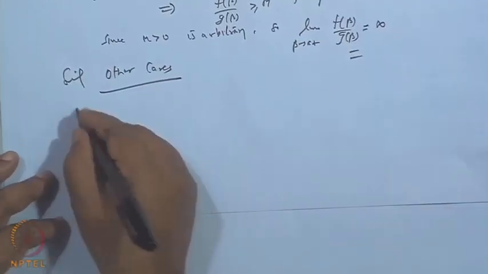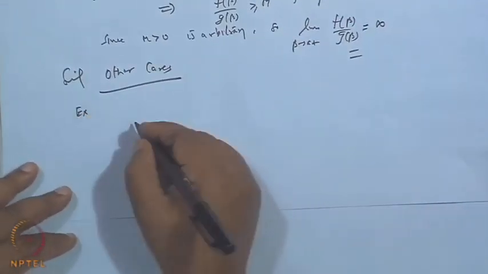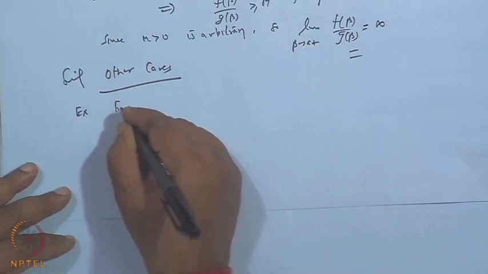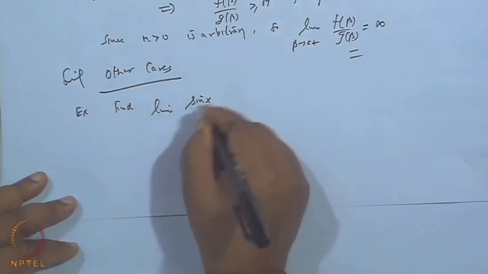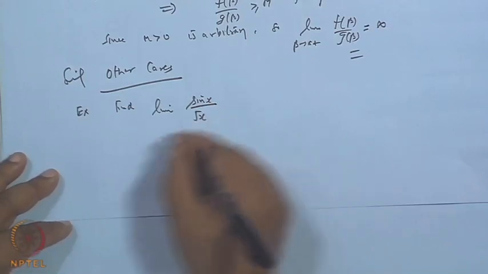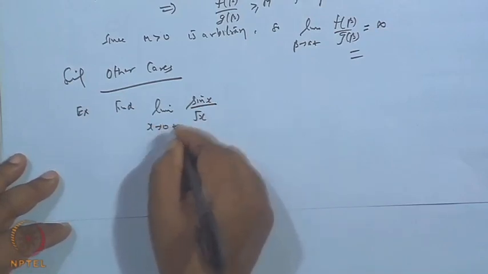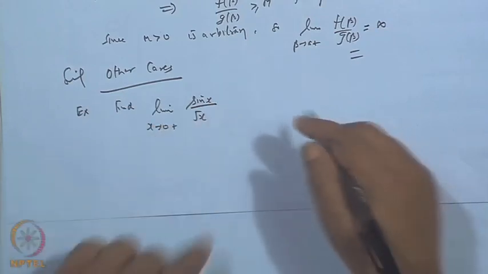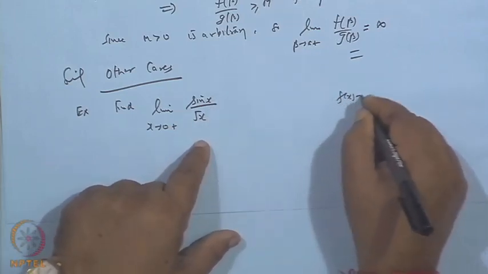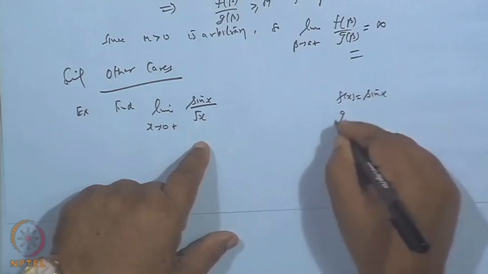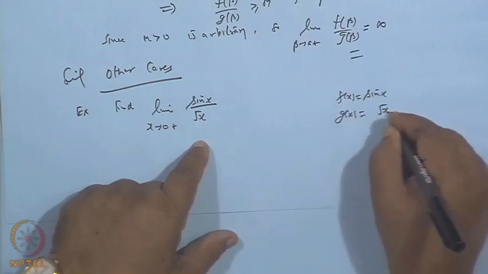Let us see the use of this. Suppose I take the example, find the limit of sin x over root x when x tends to 0 plus. Now, if we look here, the function f(x) is sin x, g(x) is root x.